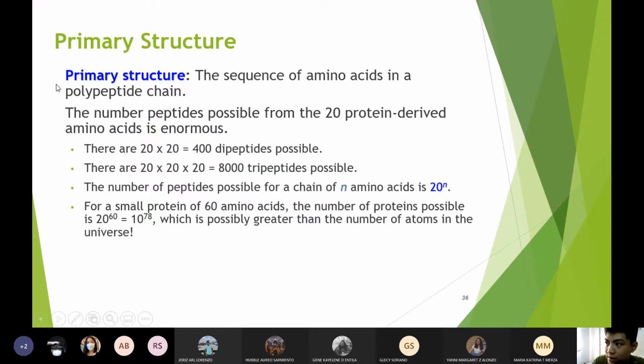Okay, so as I said, primary structure are the sequence of amino acids in the polypeptide chain, and all of them are derived from the 20 common amino acids.